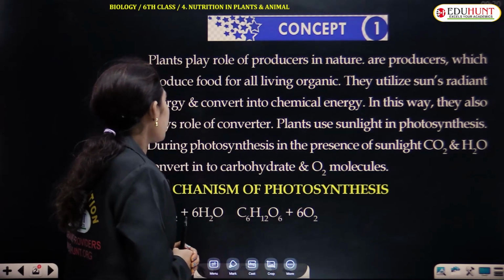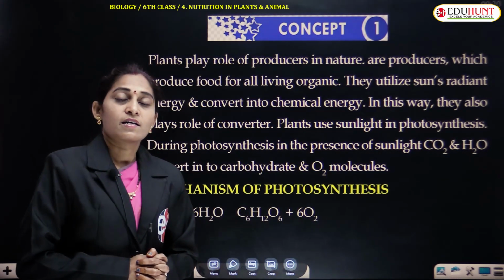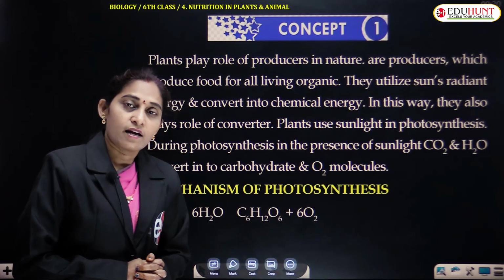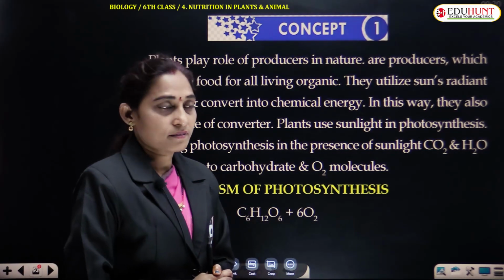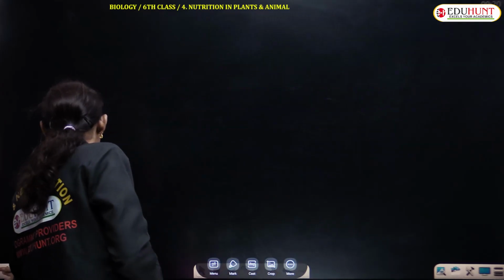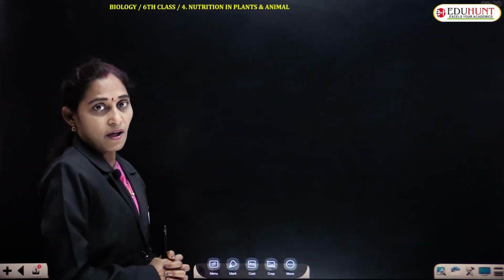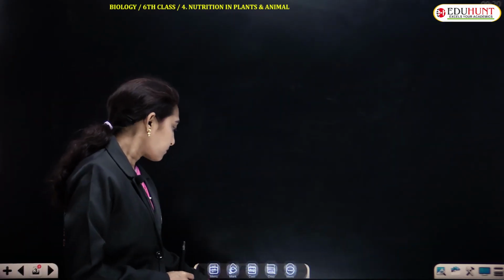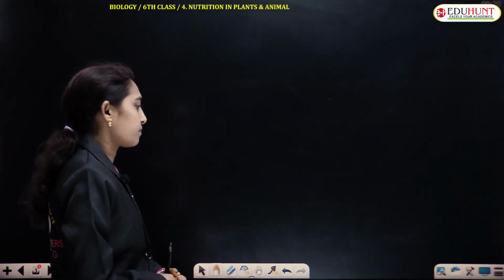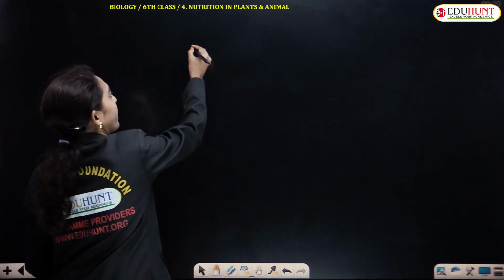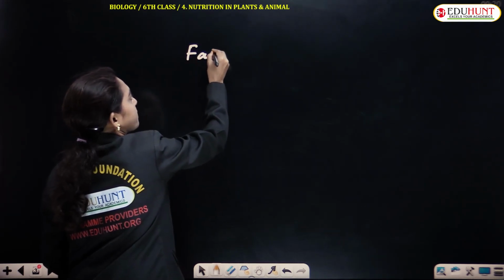The green plants synthesize food material using 4 different factors. What are the factors that are essential for photosynthesis? Factors of photosynthesis.